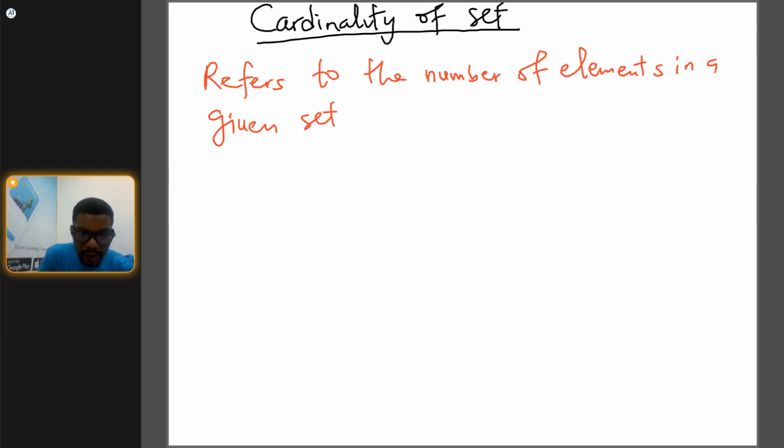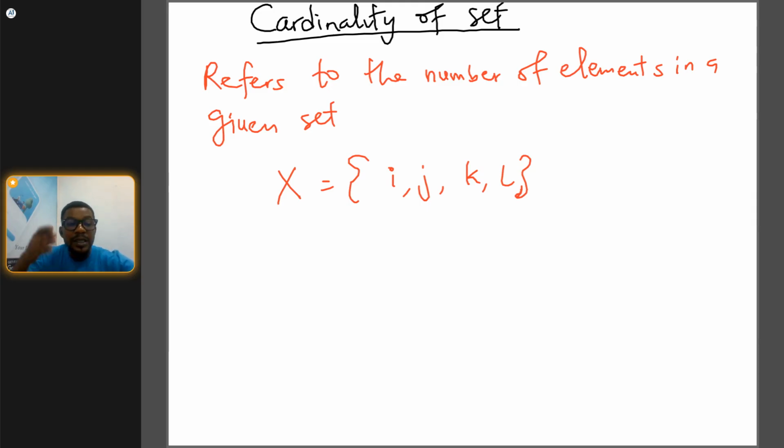Say X equals I, J, K, L. If you are asked to find the cardinality of a set, it means the number of elements in that set is called the cardinality of the set. It is represented by a small letter n in brackets. So this is the cardinality of set X: n(X) equals the number of elements in set X.